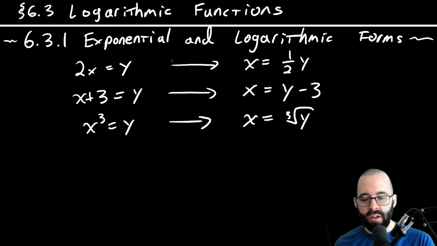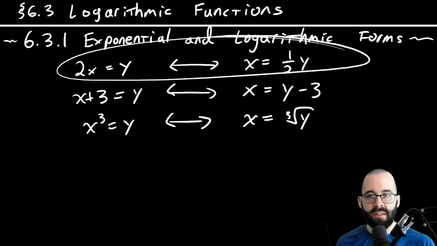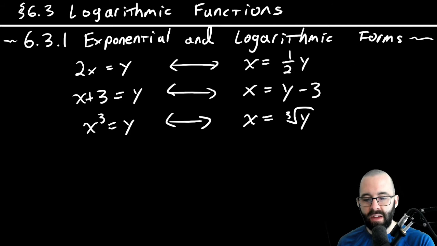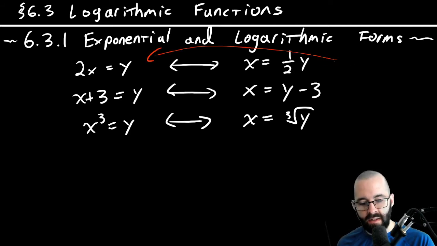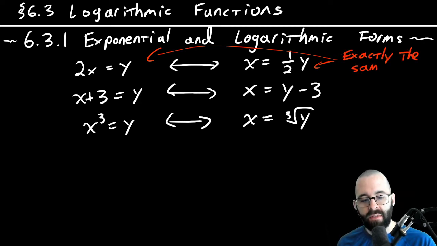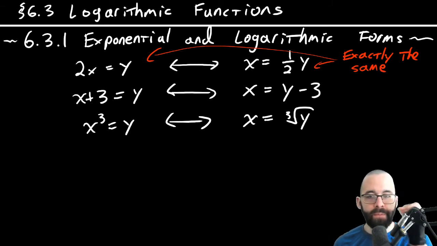So these are all equivalent. In fact, these arrows go in both directions. These two things mean exactly the same thing. This and this are exactly the same mathematically. And the same for all of these.